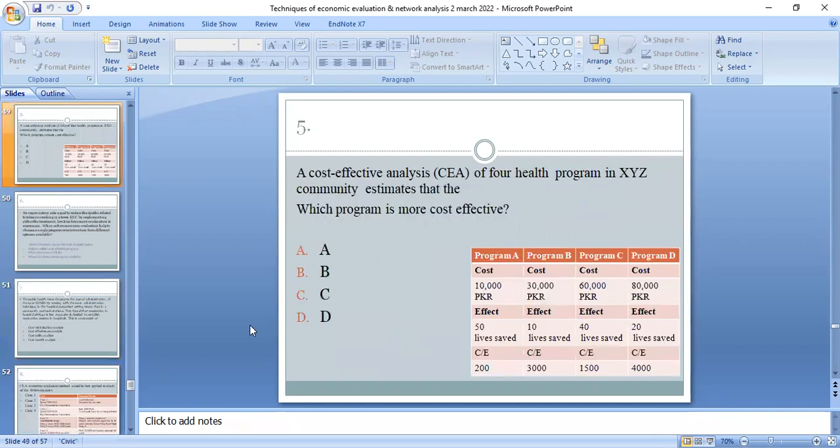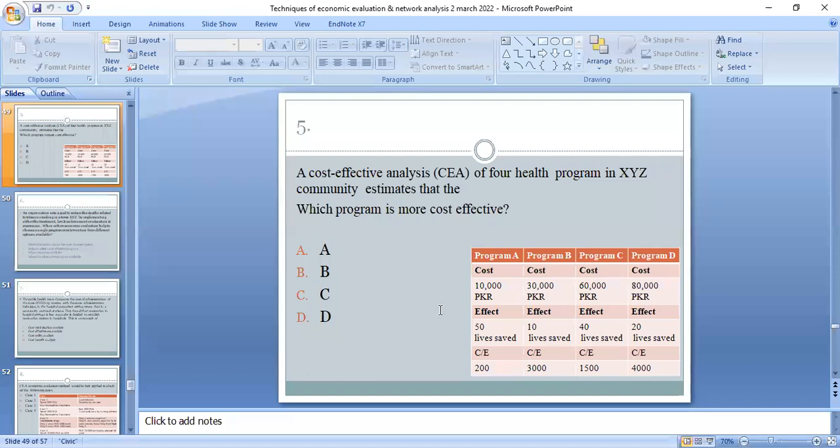Fifth MCQ. A cost-effectiveness analysis of a healthcare program in XY community estimates that program A costs 10,000 Pakistani rupees, program B costs 3,000, C costs 60,000, and D costs 80,000. The effect produced in lives saved is 50, 10, 40, and 20 for programs A, B, C, and D, while the cost-effectiveness ratio is 200, 3,000, 1,500, and 4,000.